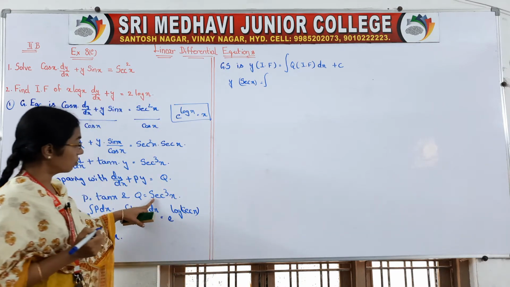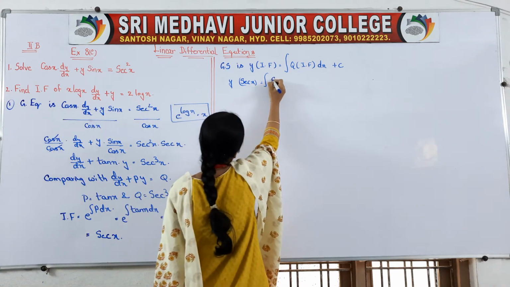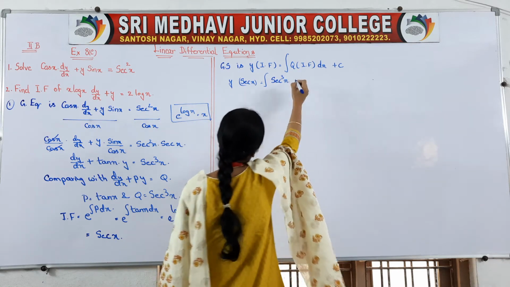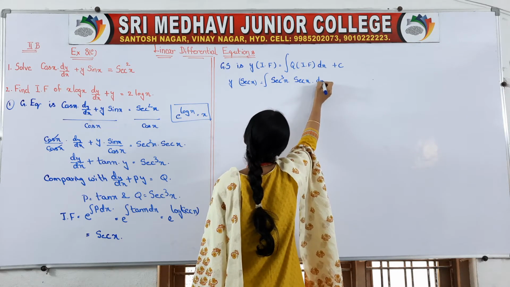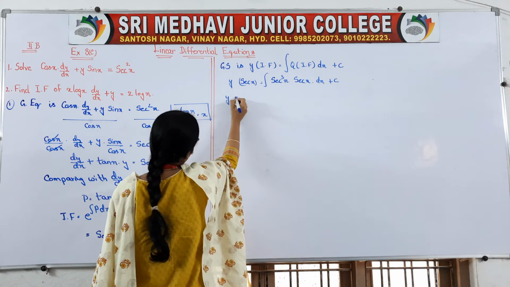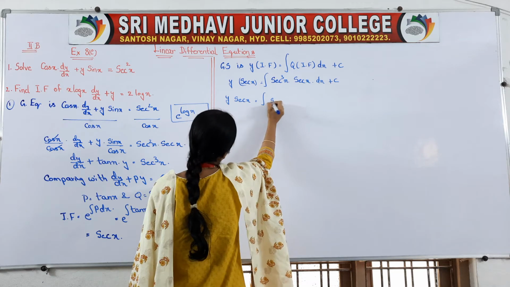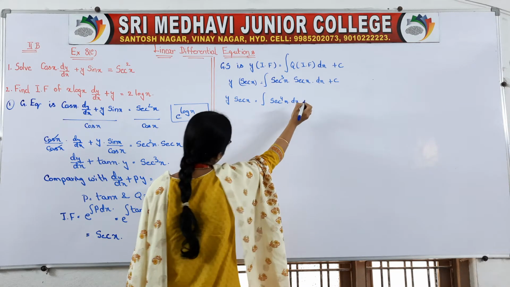What is your q? It is secant cube x, right? So it is secant cube x into the integrating factor secant x dx plus c. So y into secant x is equal to the integral of secant to the power of 4 x dx plus c.